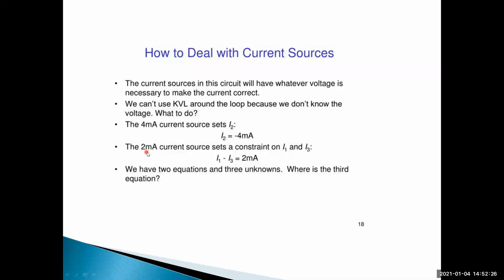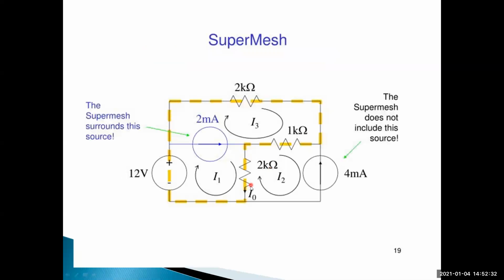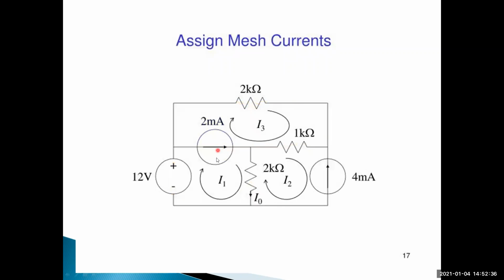And then the 2 milliamps current source sets a constraint on I1 and I3. Try to consider here, this branch current is not equal to the loop currents. I1 is not equal to 2 milliamps, I3 is not equal to 2 milliamps.